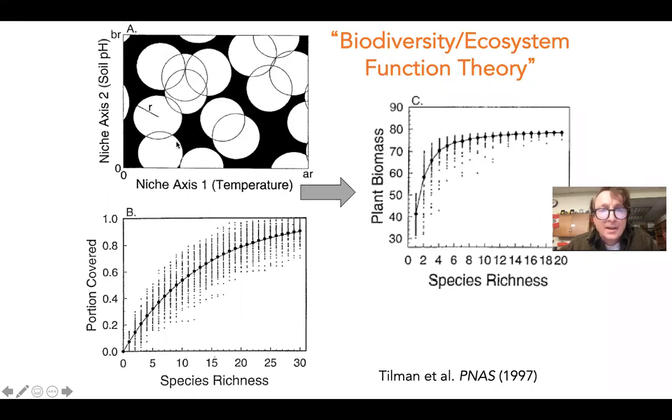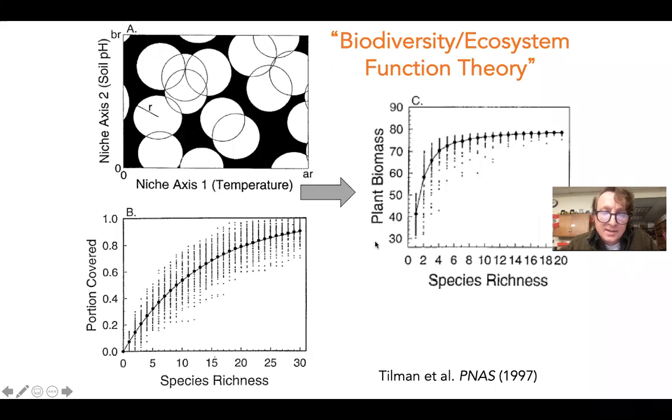Okay, so you can imagine different species specializing in different temperature and soil pH, right? The assumption of this work is that as you add more and more species to a community or an ecosystem, those species start occupying more and more of the overall niche space. And as you occupy more niche space, you can produce more and more biomass or utilize more and more resources.